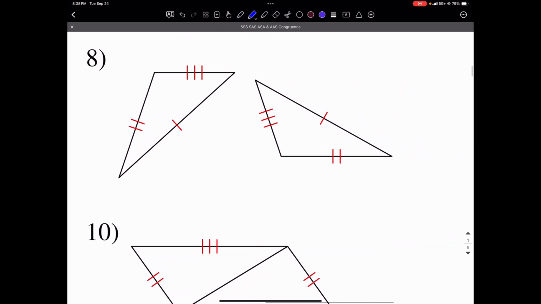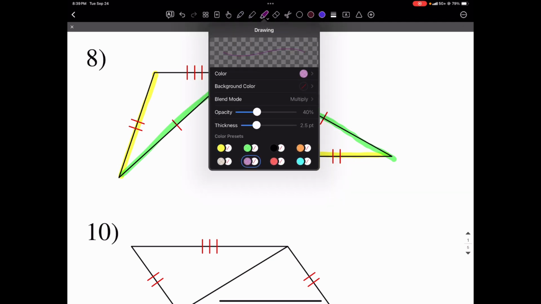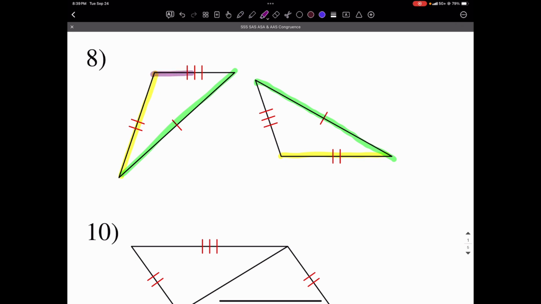Looking at number 8, notice we have one side, then we have a second side, and I just like going in order based on how the hash marks are. And then, of course, we have a third side, so that tells me that we have side congruence.